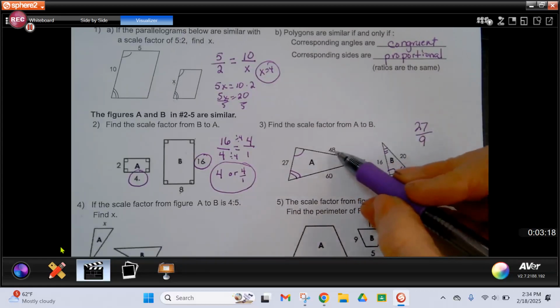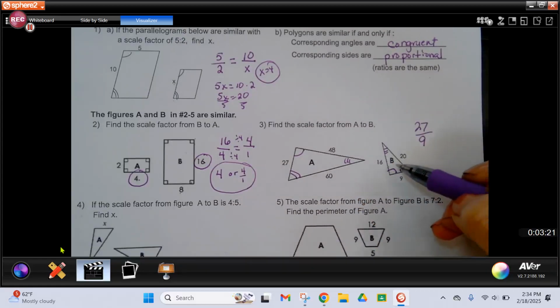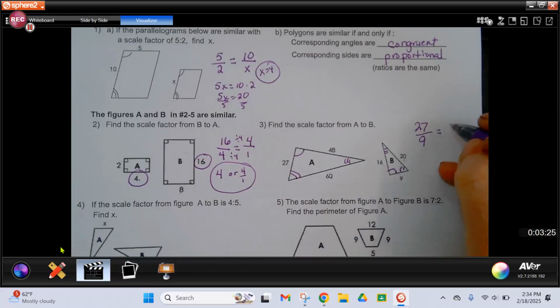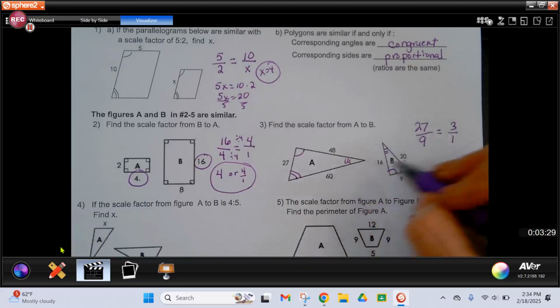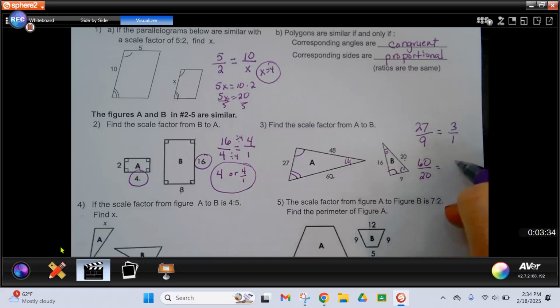Okay. Now I could have used 48 with 16, or I could have used 60 with 20. They'll all be 3 over 1. I could have done 60 corresponds with the 20, and again that would be 3 over 1. So that's our scale factor from A to B.